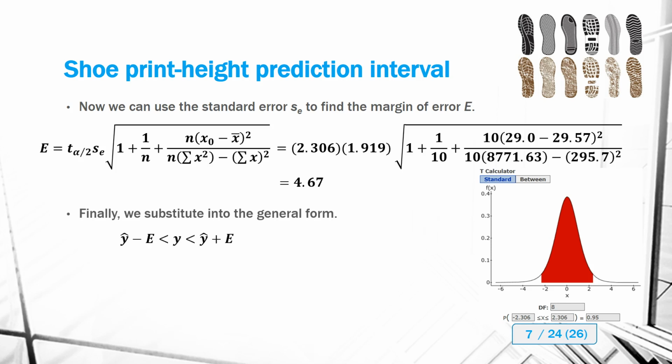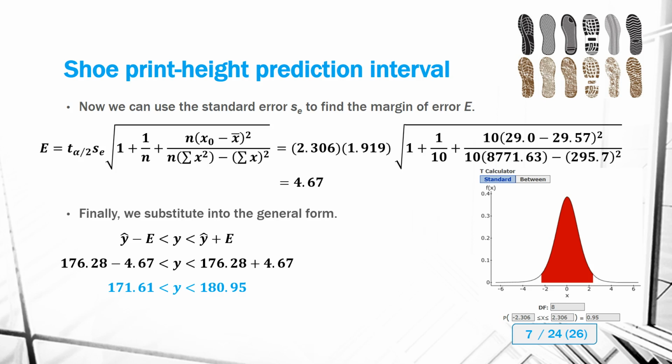Here's the general form. I substitute in, so my predicted value with the 29 centimeters that I was given, I put that into my regression equation, and that's where the 176.28 comes from. And then the margin of error E, we just calculated 4.67. So I subtract on the one side, add on the other, and I get a prediction interval of 171.61 to 180.95.